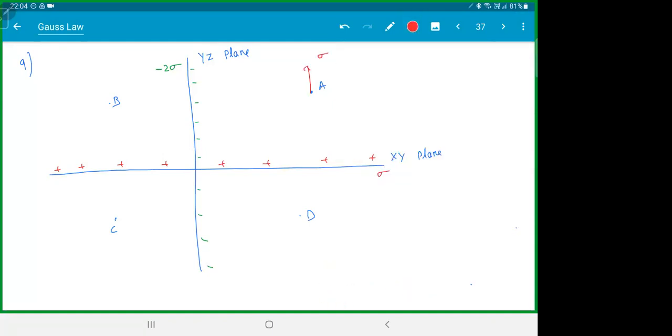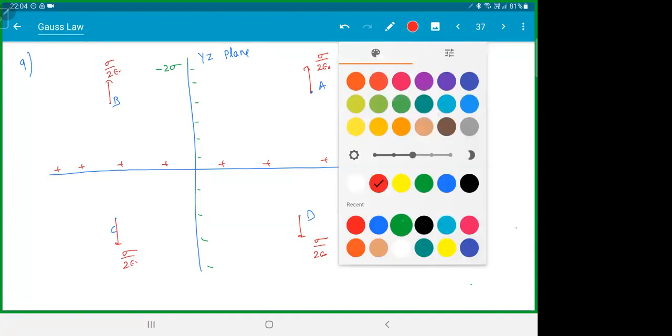How much? Sigma by 2 epsilon. Here it will be down, sigma by 2 epsilon. Down. Sigma by 2 epsilon. Up. Sigma by 2 epsilon. The green one will attract towards itself.